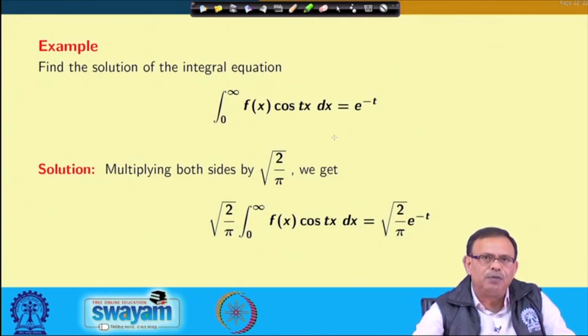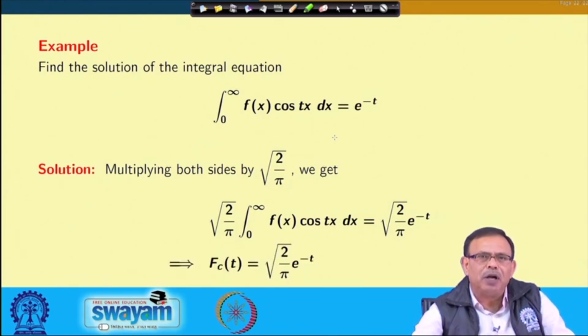From the definition of Fourier cosine transform, the left hand side integral is nothing but the Fourier cosine transform of this. So Fourier cosine transform of t equals root over 2 by pi e power minus t. If you take the inverse Fourier transform, you can always obtain f x.